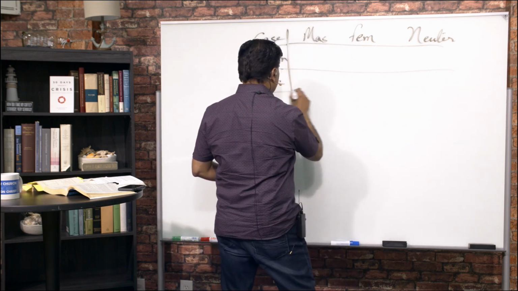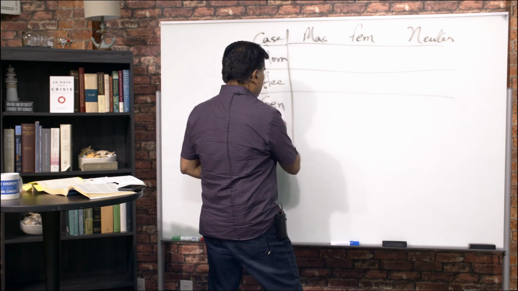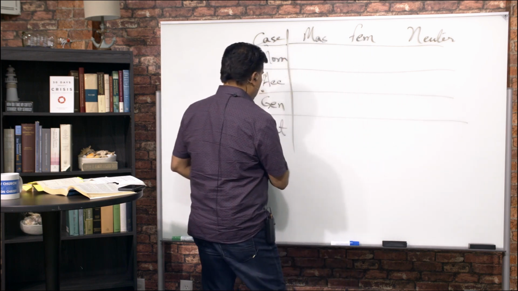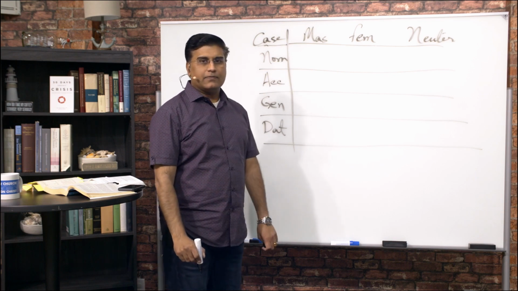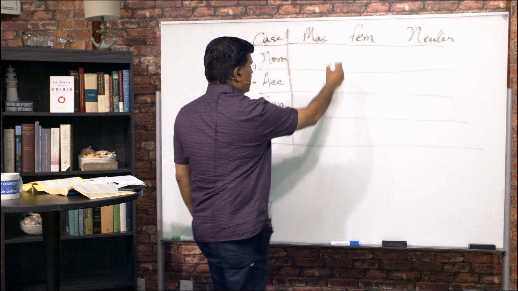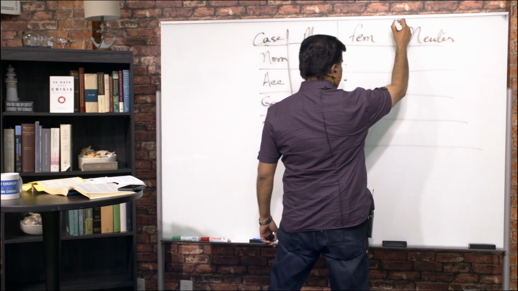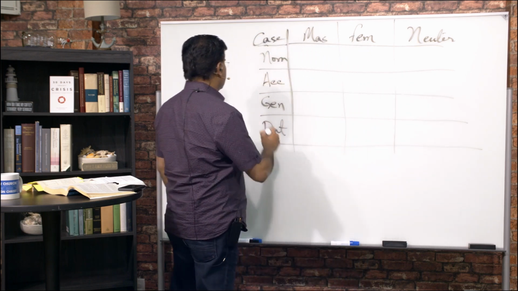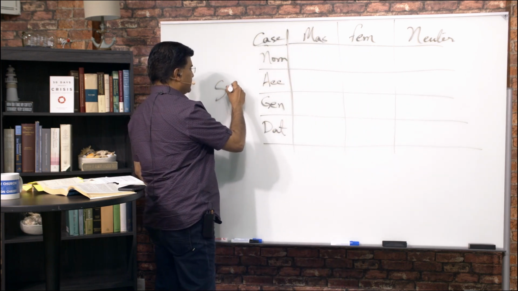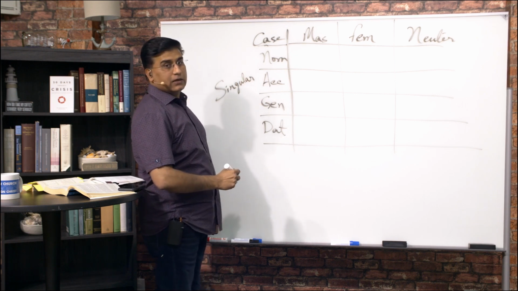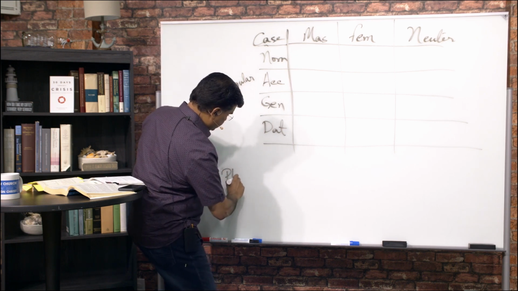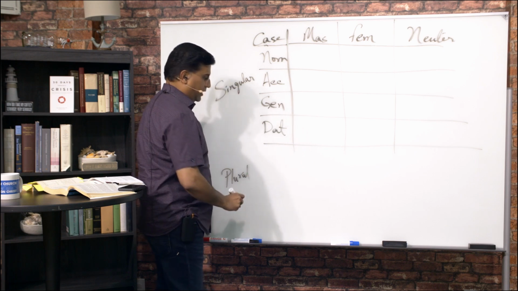Here's what you have: the nominative, accusative, genitive, and dative. Now, hold on one second, because this is in the singular, but we also need all of that in the plural. Okay?